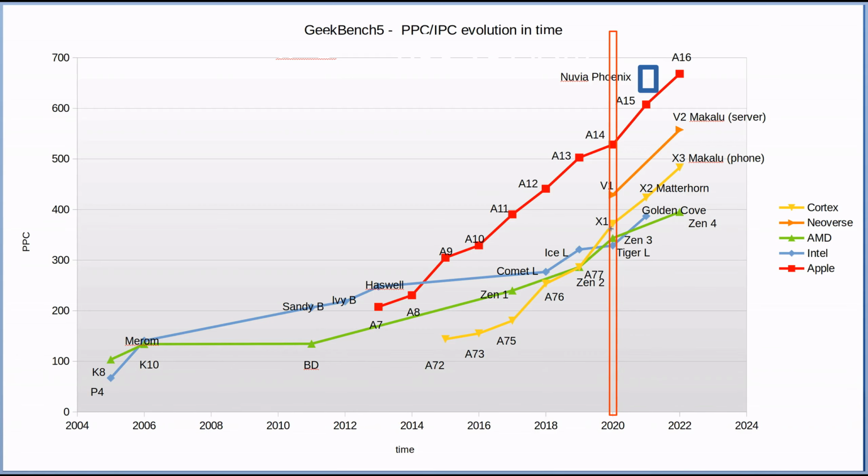The ARM X1 has a much higher IPC than the Zen 3, and it is a consumer smartphone core. The server core, the Neoverse V1, is about 50% above Zen 2, or the Neoverse N1, which is somewhere here.